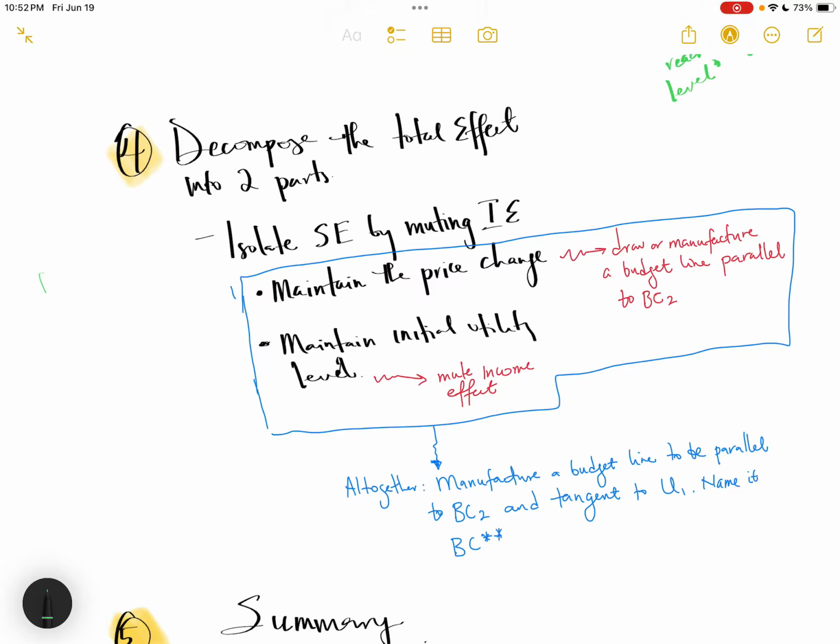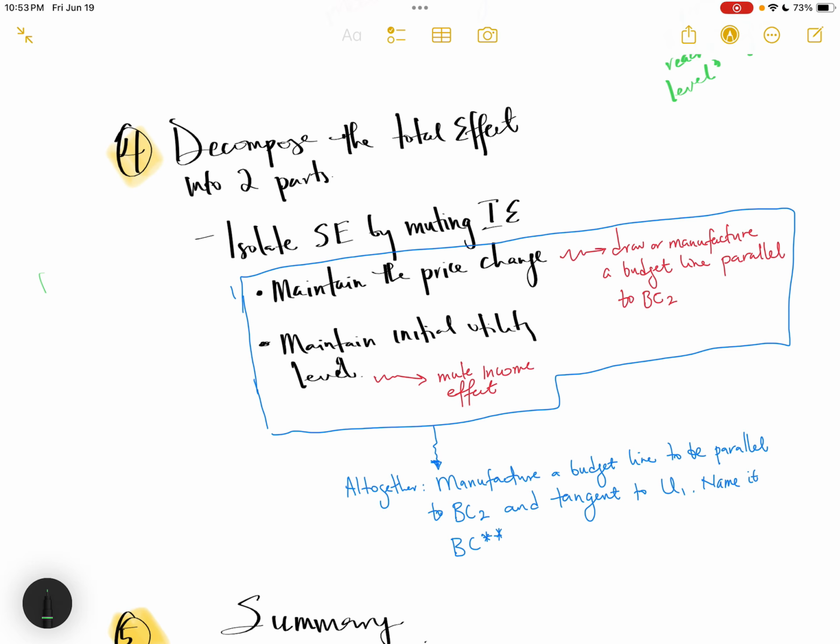And we draw that parallel budget constraint to be tangent to the initial utility level. Remember, the income effect is seen when you hit a different utility level. So whenever there's a drop in price, you will hit a higher utility level. And whenever there's a price hike, you will fall down to a lower utility level.